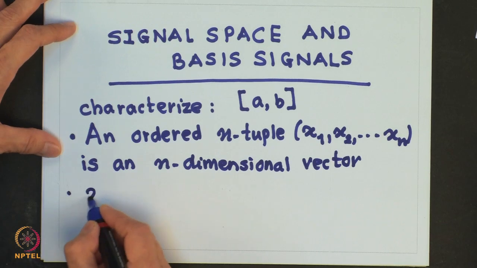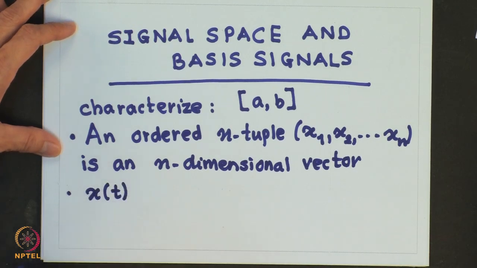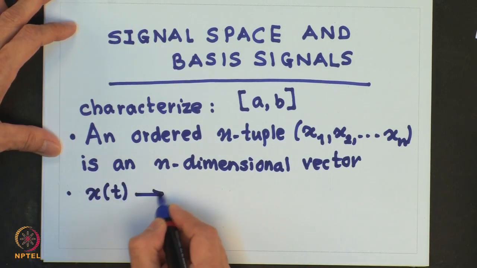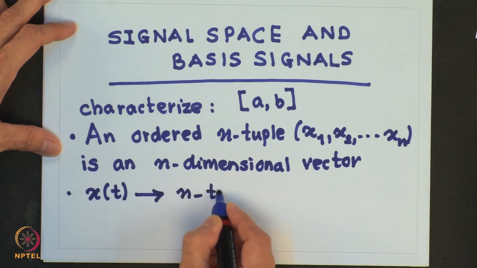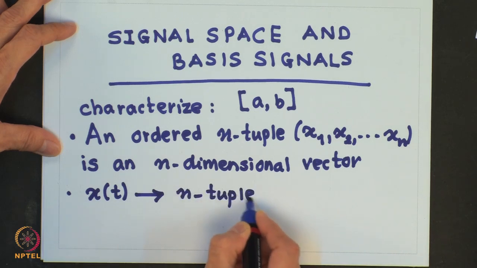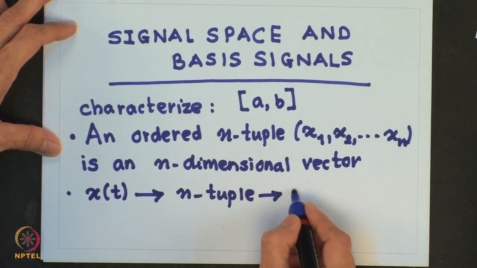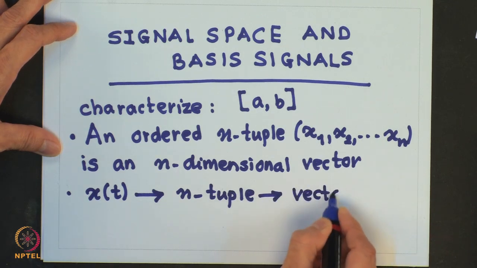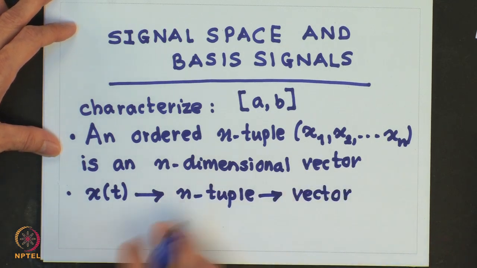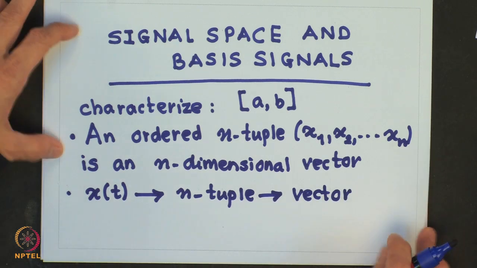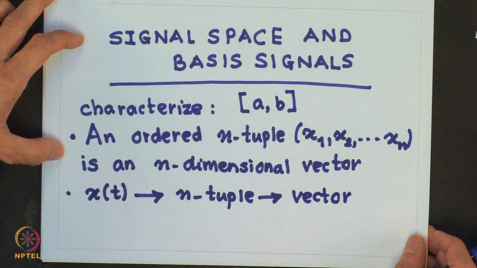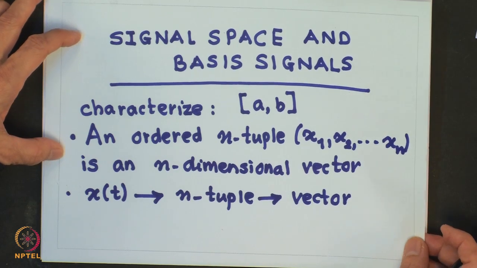So, if a signal x(t) can be specified by an n tuple, then it too will be a vector. This is basically the principle of representing a signal in terms of a vector.